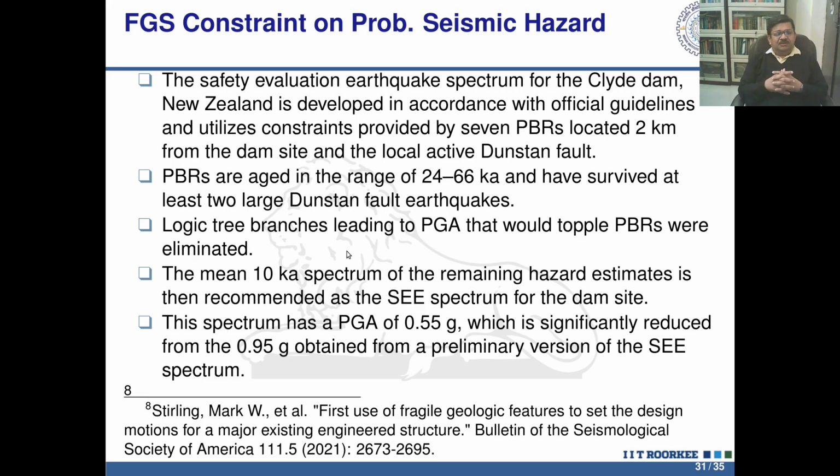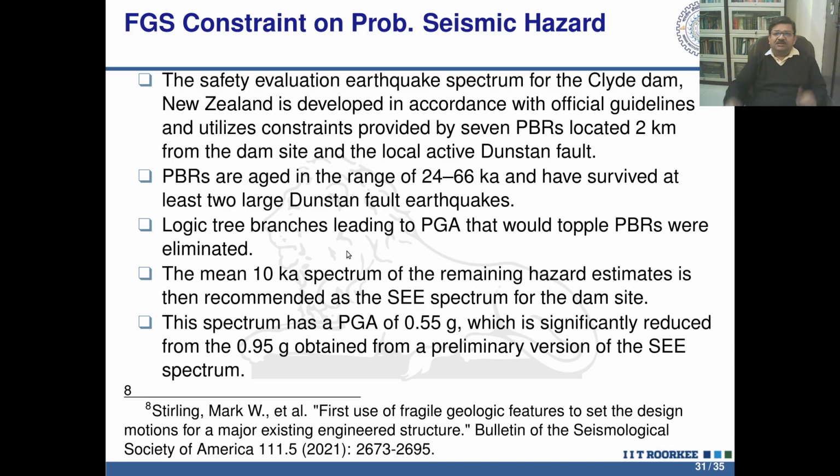Now, this concept of precariously balanced rocks, or the more formal term, fragile geological structures, as a constraint on probabilistic seismic hazard, was actually used on an existing structure, Clyde Dam in New Zealand. There is a fault very close to the Clyde Dam, the Dunstan Fault, and the dam has survived two 7 plus magnitude events.